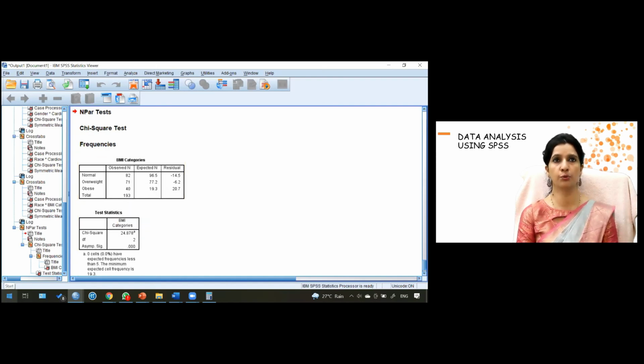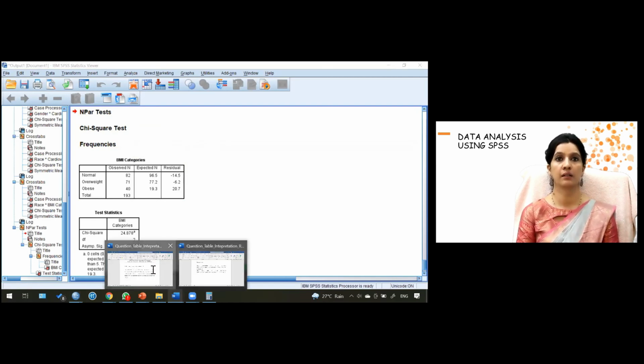I'll just show you one percentage, that 82. You can also take this from the descriptive table, because if I just run the descriptive command, you have the percentages. So you can either take it from there or calculate percentages from here, and then you have to enter the data here in the table.